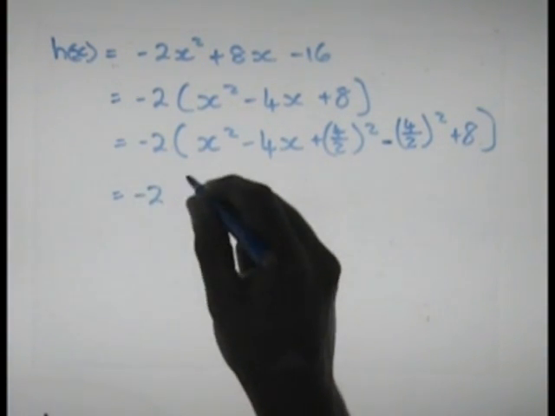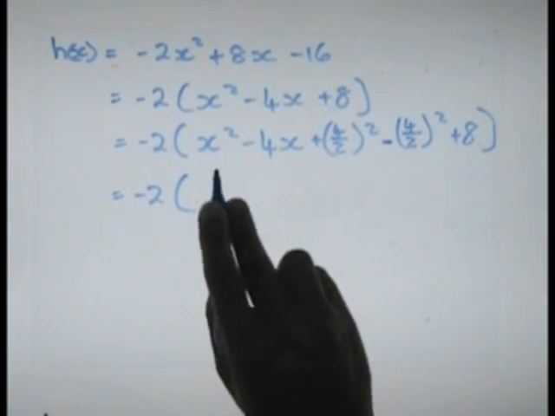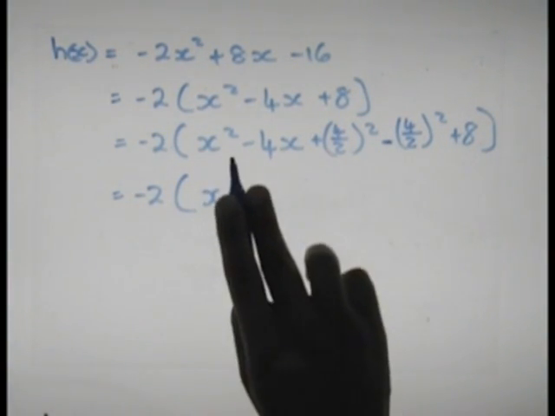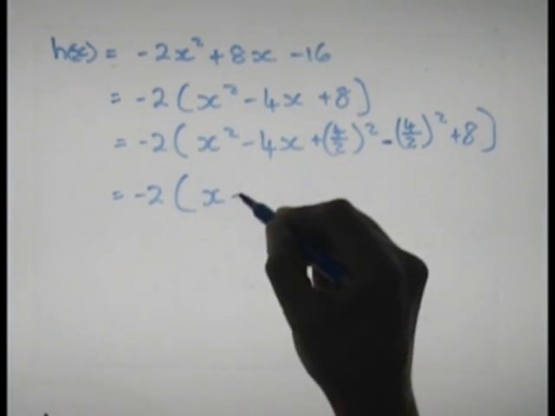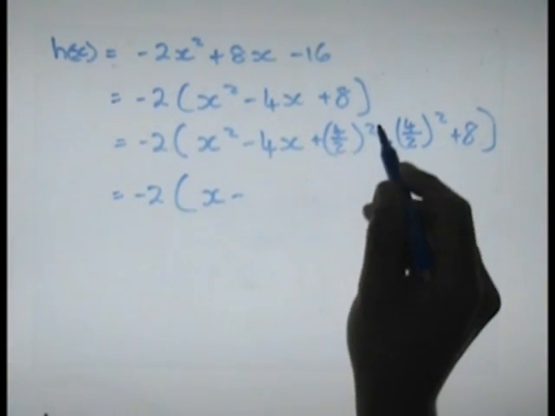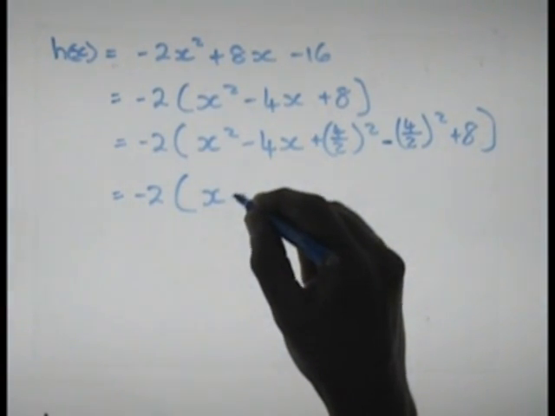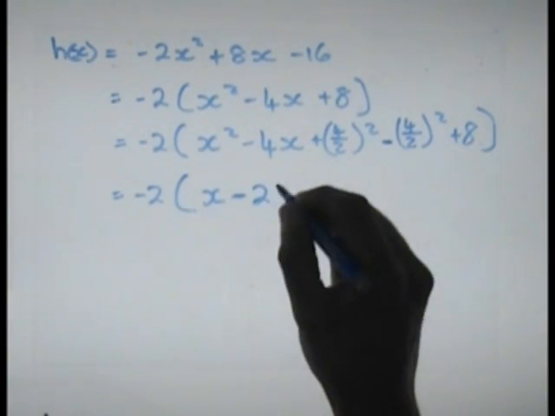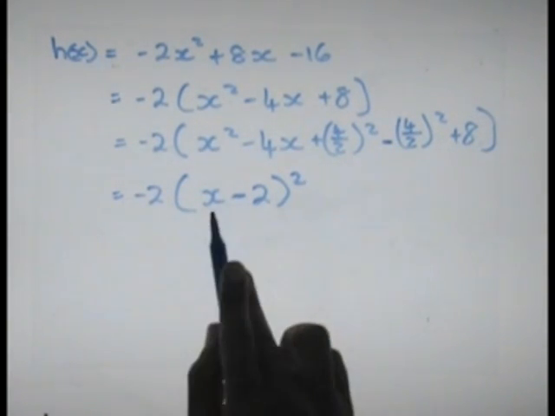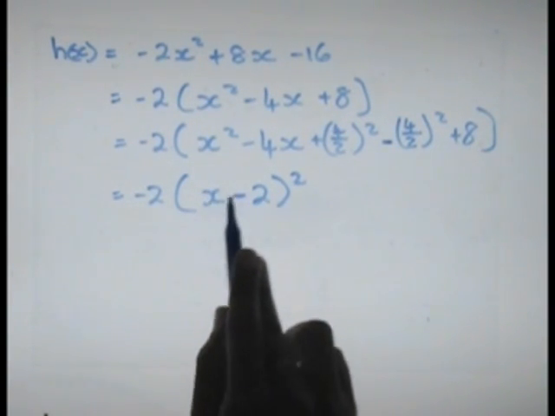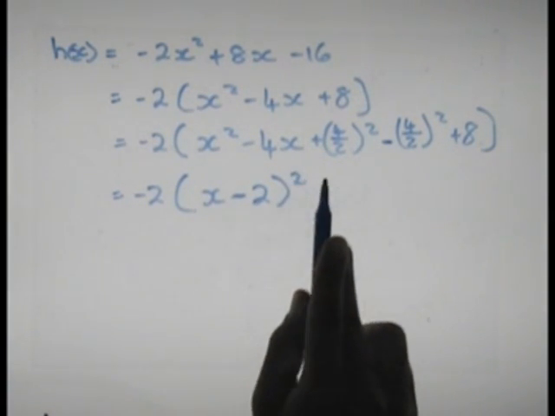That's going to equal negative 2 multiplied by x. This is going to be x minus 4 over 2, which is 2, squared, which is 4. But I'm going to leave it as (x minus 2) squared. Now look at this. (x minus 2) squared becomes x squared minus 2x minus 2x is minus 4x.